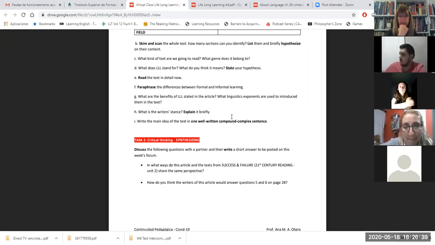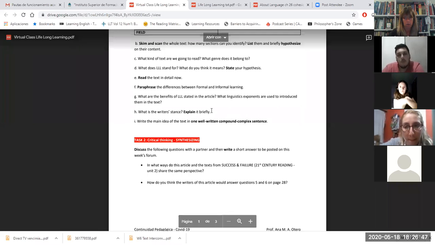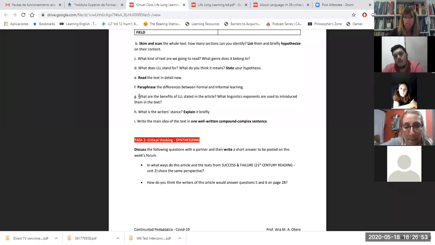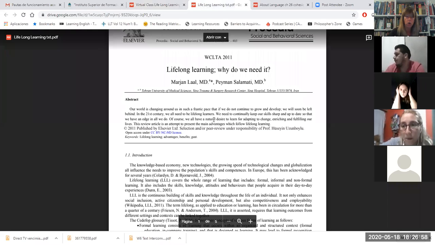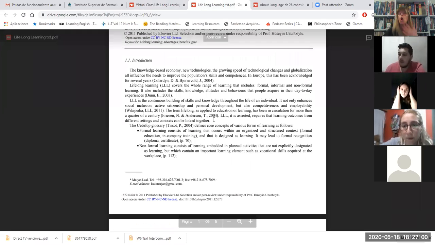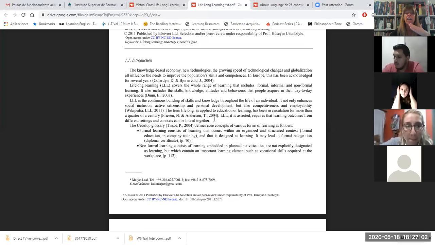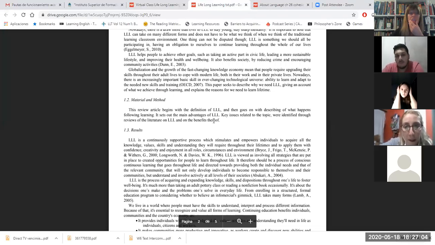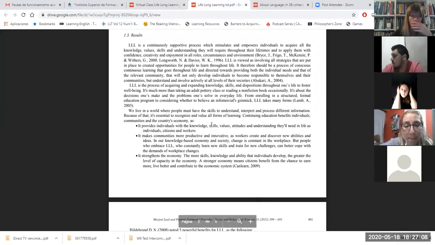When you said the gerund, why would you choose the gerund? Because the question here is what linguistic exponents are used to introduce them in the text. We are talking about the benefits. It asks what the benefits of lifelong learning are. So they listed the different benefits. Very good. They are enumerated.